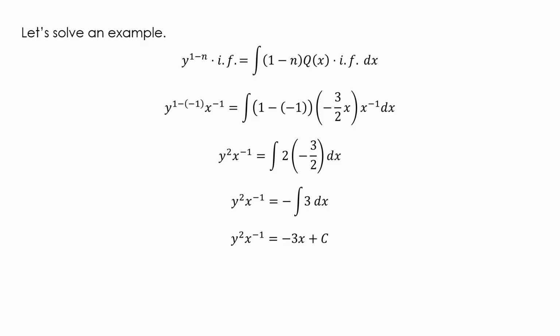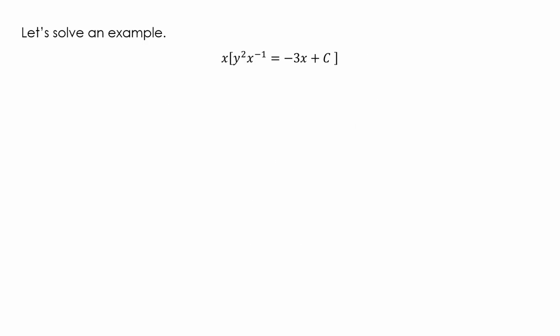Actually this already qualifies as a valid answer, but we can simplify it further. We multiply both sides by x raised to negative 1 to get rid of the negative exponents. Then the left side will become y squared. The right side will become negative 3x squared plus cx. Sometimes it's valid to isolate the constant.